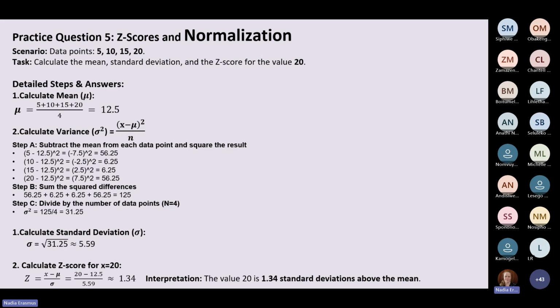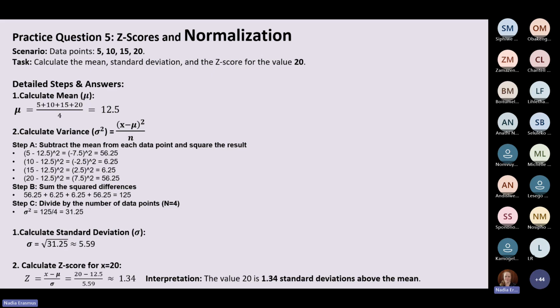Then you're going to sum it together to get your variance: the sum of all of the x's minus the mean, squared. And then you're going to divide it by n, which is 4, because we have 4 data points. So we have our variance as 31.25.